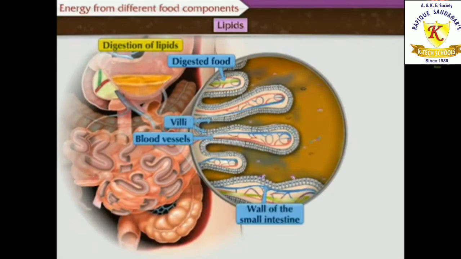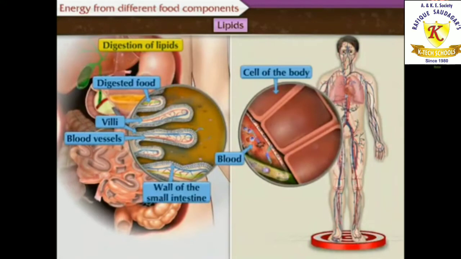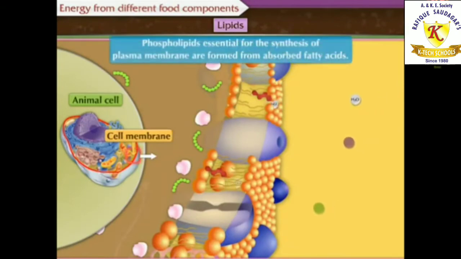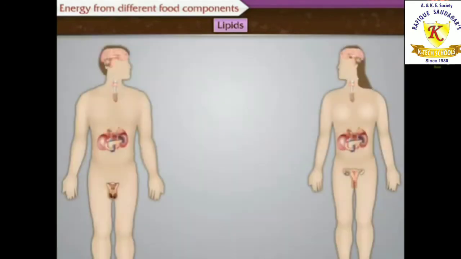Fatty acids are absorbed and distributed everywhere within the body. From those fatty acids, different cells produce various substances necessary for themselves. For example, the molecules called phospholipids, which are essential for synthesizing of plasma membrane, are formed from the absorbed fatty acids.